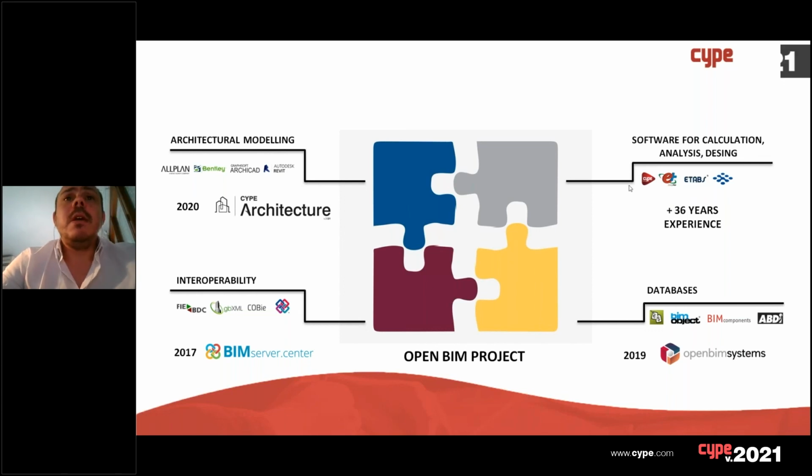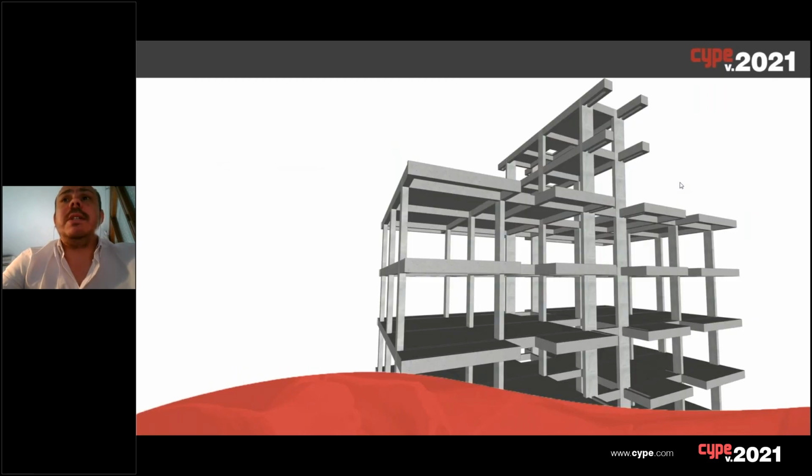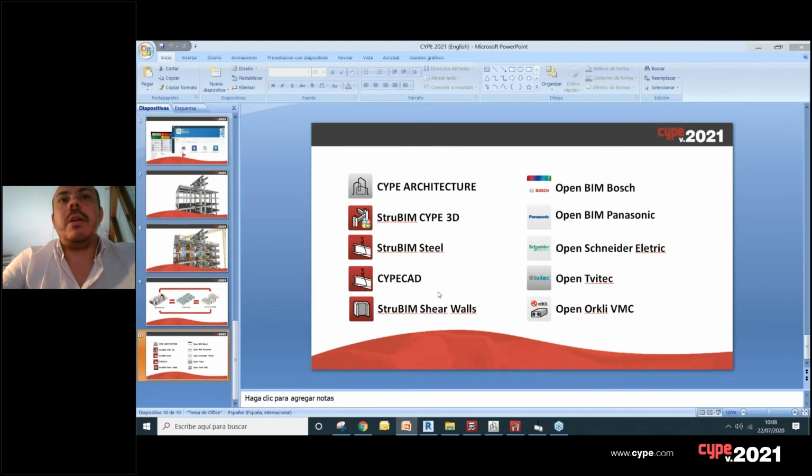Just to show you the index for today, we will use this structure. We'll start with CYPE Architecture, and I will show you a little tip, a kind of workflow that we can adopt. Starting from CYPE Architecture, we develop the geometry of our structure.